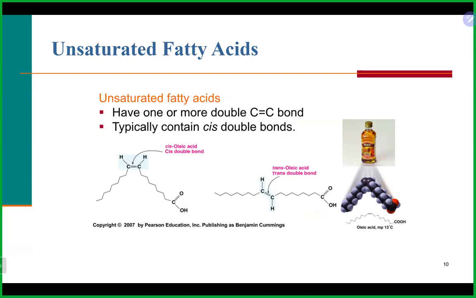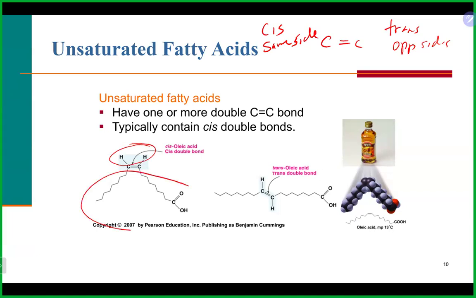Just like in organic chemistry, when we were talking about double bonds, we could have cis, which means the same side of the double bond, or we could have trans, which is opposite sides of the double bond. So here we do see our cis double bond, and again, we have our groups on the same side. The large groups, the hydrogens, are on the same side of the double bond. Here's our trans, which are on opposite sides of the double bond.